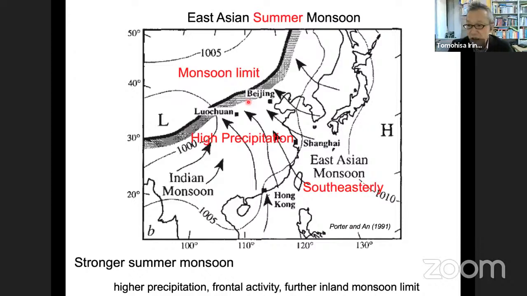But in the East Asian margin, the summer monsoon is expressed as typically heavy precipitation due to frontal activity and autumn typhoons passing to the East Asian margin.